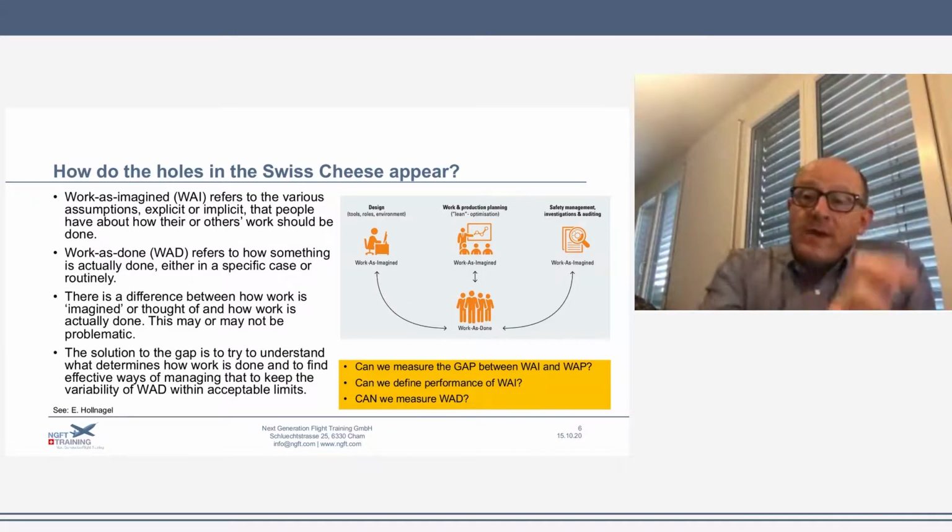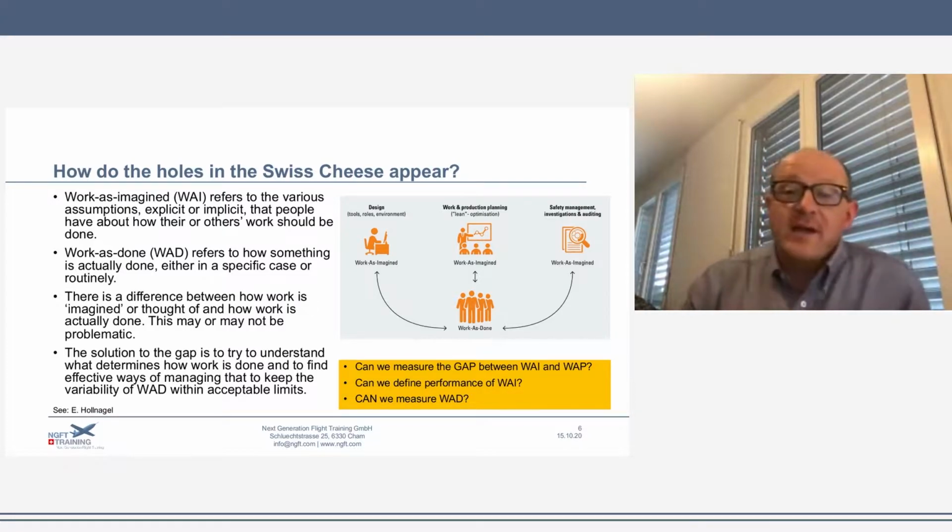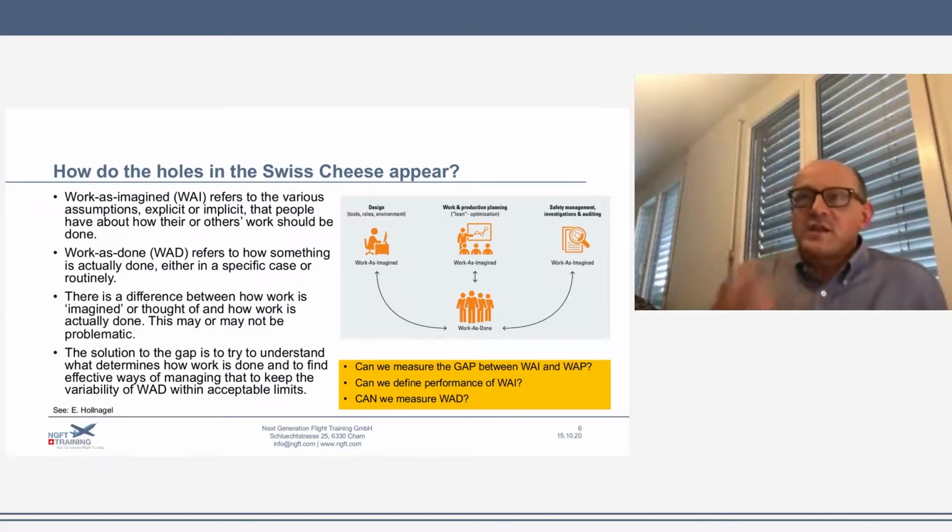Okay. Now, based on the slide that I just showed you, the baseline performance is the work as imagined. And it refers to these assumptions, how a perfect pilot will do something, how a perfect dispatcher will prepare a flight, okay? Now, that's how it should be done.